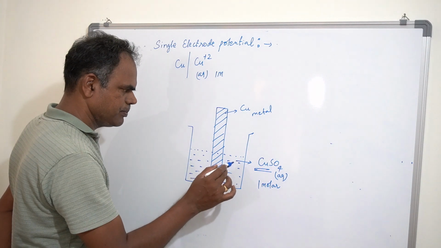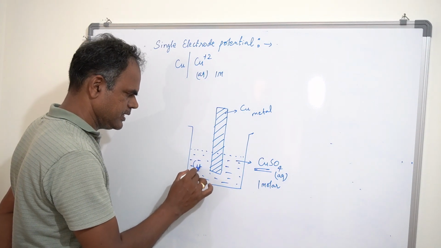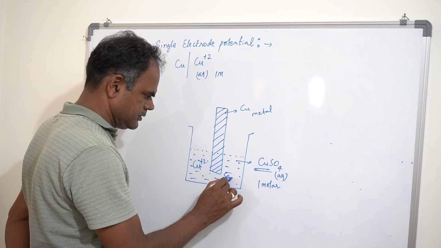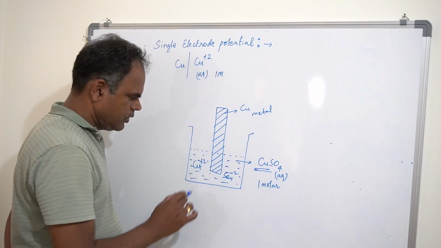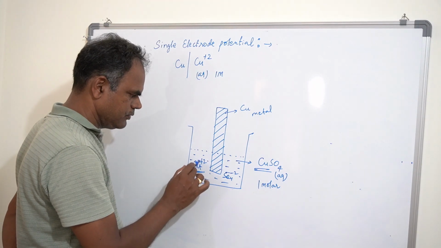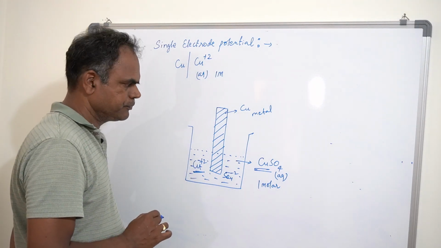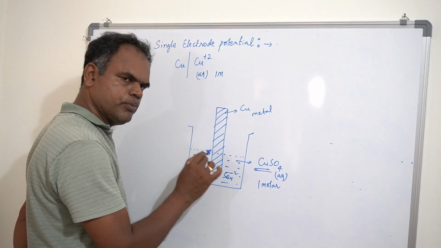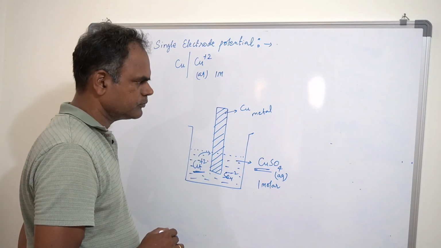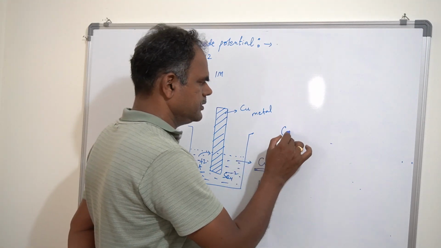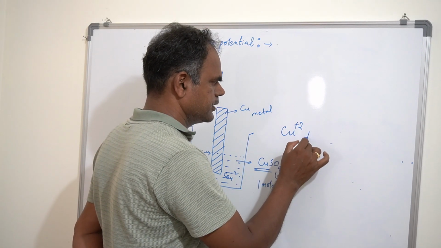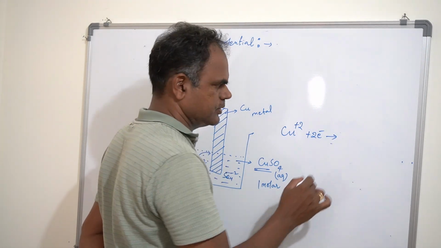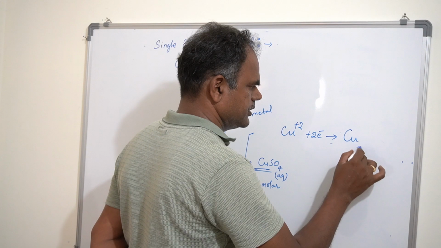As you know, copper sulphate solution contains cupric ions and sulfate ions, where cupric ions have a deficit of 2 electrons. They try to obtain electrons from the copper metal plate. So Cu2+ ions gain 2 electrons from the metal plate and get reduced to solid.